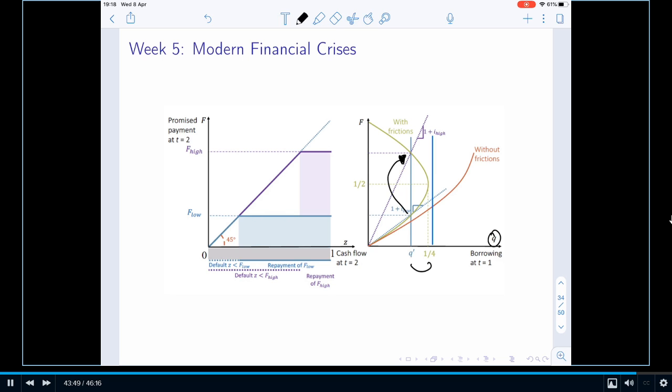Or it could be that it's actually got a solvency crisis and it's trying to borrow too much relative to its ability to repay. It's very difficult for us to know which is which. In the case of the liquidity crisis, there's a very strong role for the IMF to play in terms of preventing that. In the case of the solvency crisis, it's not really clear that the IMF should be stepping in.